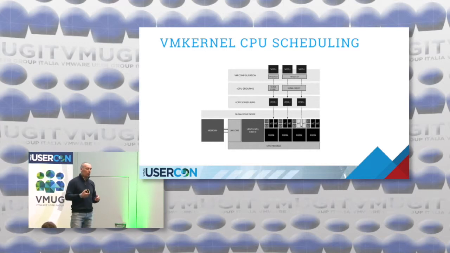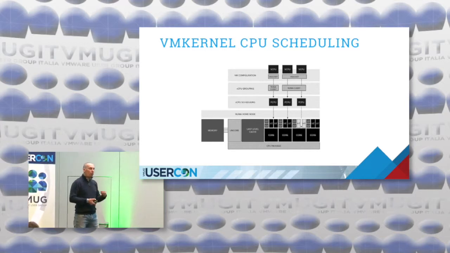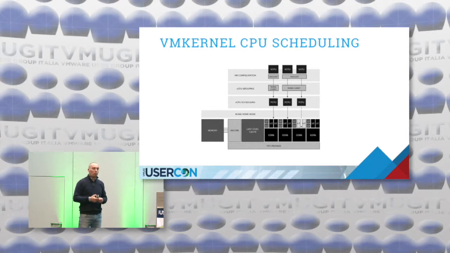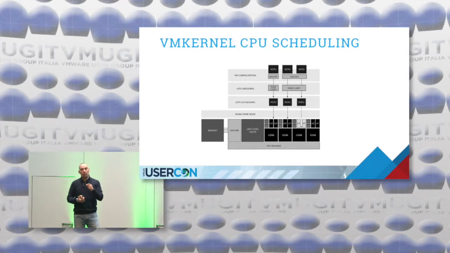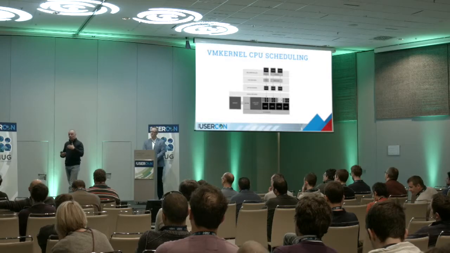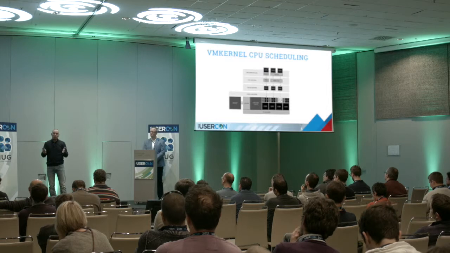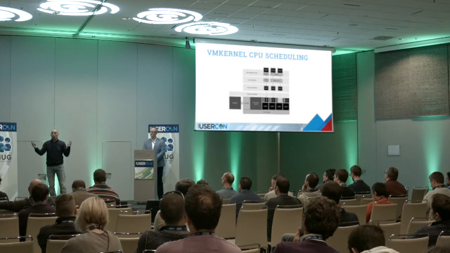So this is something we call a discount. If it runs on a logical processor, it is charged 62.5% of the time, and a vCPU that runs on a physical core gets 100% of the time. Now that means if it's entitled to 100%, it needs to run again, right? So that means it is scheduled twice. It will get the same amount of processor time, but over a longer period of time.